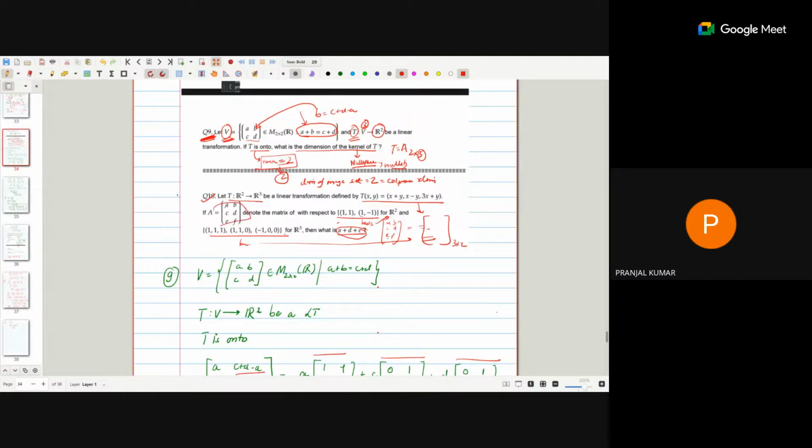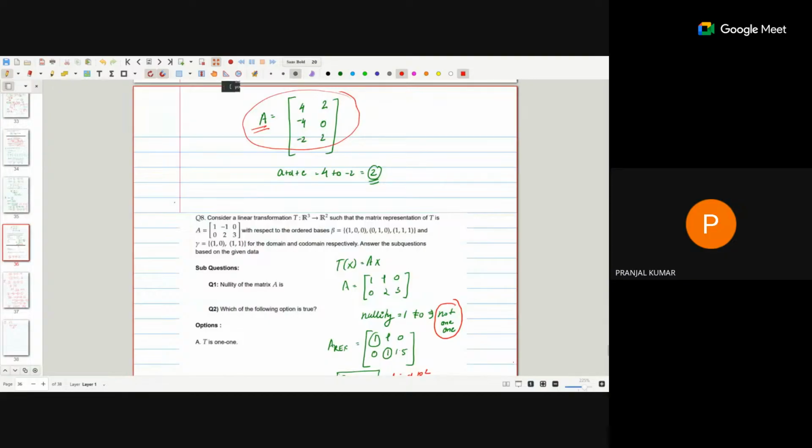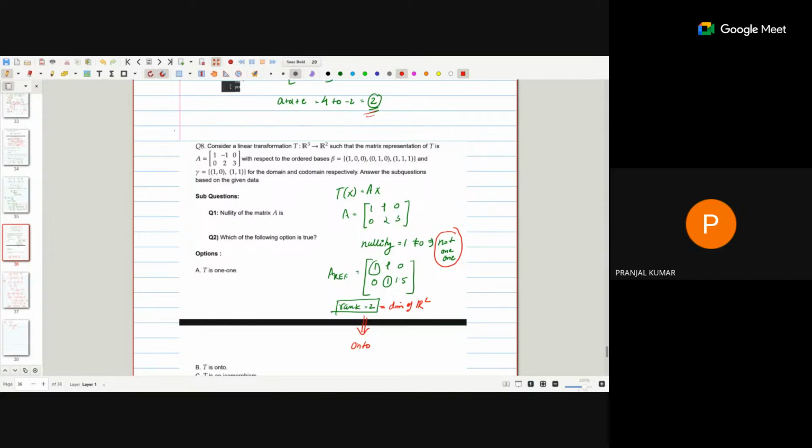And they are just asking you A plus D plus E. Are you getting this? Yes, sir. Okay. So see, this is the matrix which we got. Now you know that this is equal to A, B, C, D, E, F. Now what is A, D, E? A is 4, D is 0, E is minus 2. So you got 2. Is this clear?